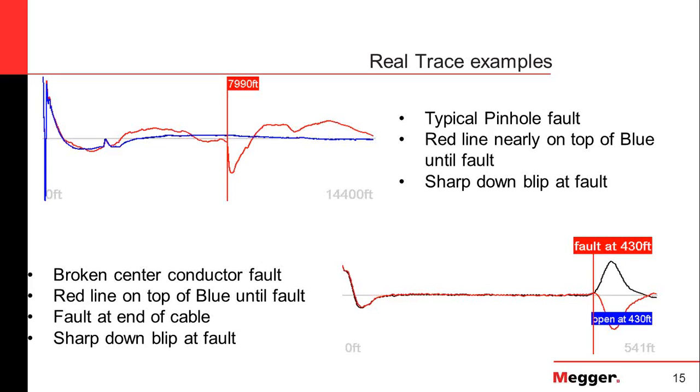That can happen sometimes during the outage, when there's fault current through that center conductor, and it can blow the conductor in half. It could also happen where someone has literally dug in and chopped this cable in half. So the characteristics, again, are just like before, reading left to right. The red line stays right on top of the blue line. When it reaches the fault area, you get that sharp downward V shape.